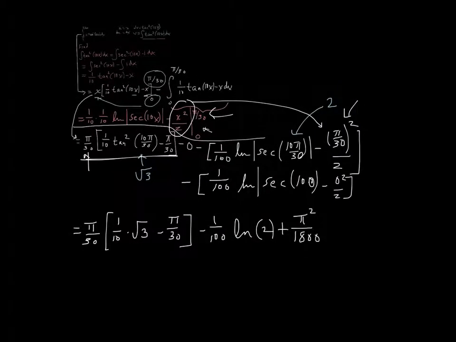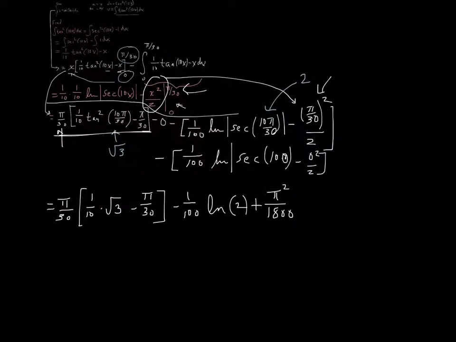And let's see if we can get this to fit on one line now. And this becomes minus 1 over 100. I didn't mention right here, this is going to be secant of 0, which is 1. So that's going to give us ln of 1. And then, of course, that piece is 0. Now, also remembering that ln of 1 is 0, that piece goes away too. So it gets a little bit better.